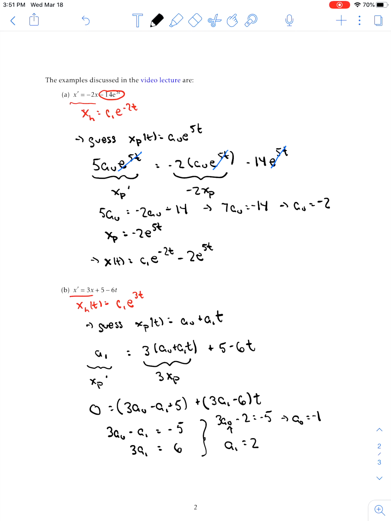And so our particular solution then is going to be equal to minus 1 plus 2t. And so our full solution is going to be c1 e to the 3t minus 1 plus 2t.